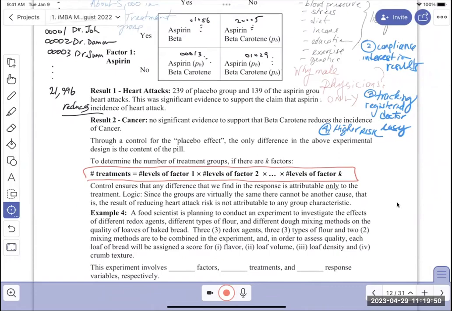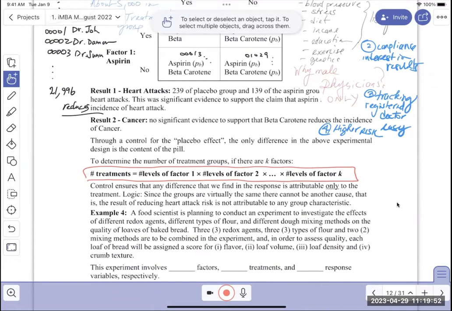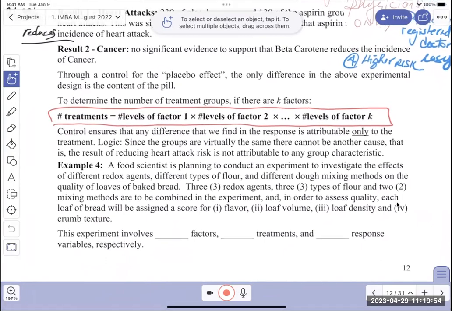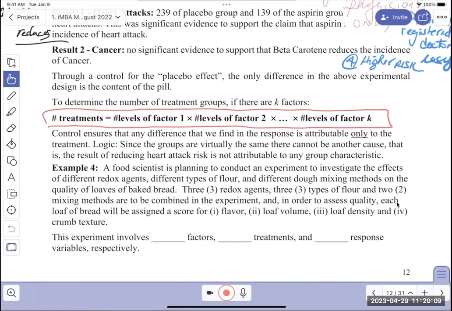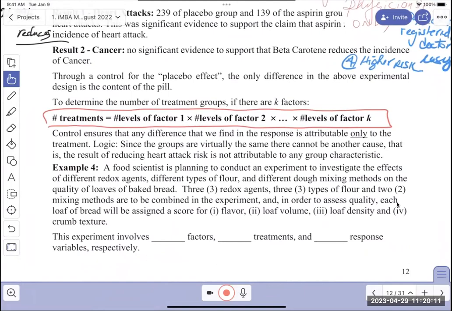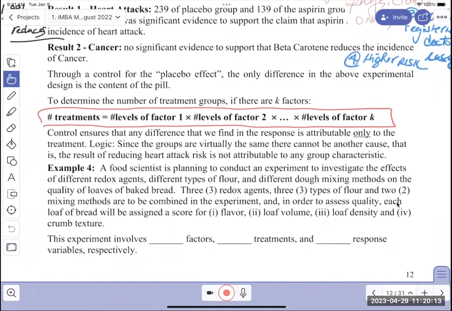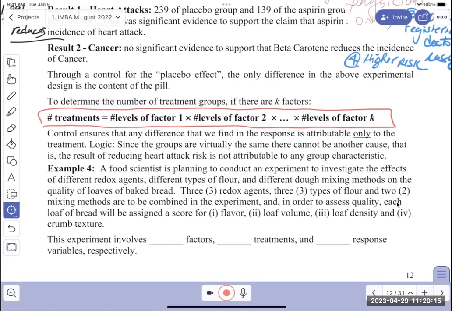All right, so I'm going to give you this example and give you a moment to identify how many treatments are in this experiment. Now, this experiment is about making bread, not about people. So how does that affect things? So try that.